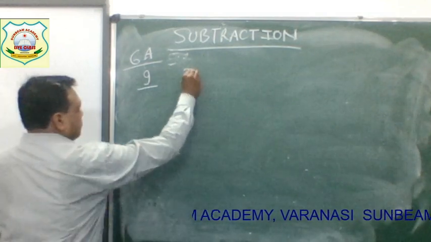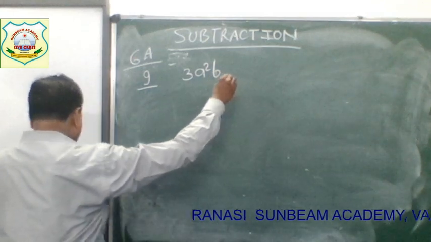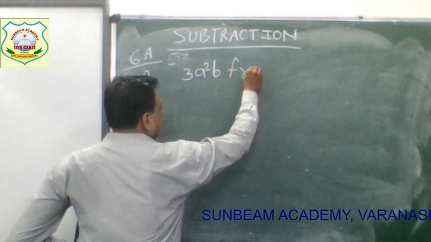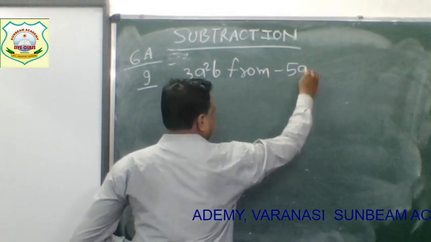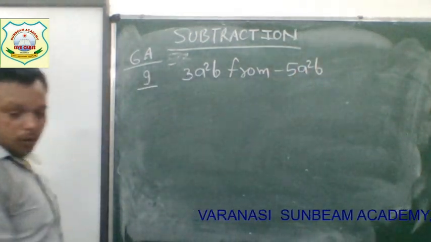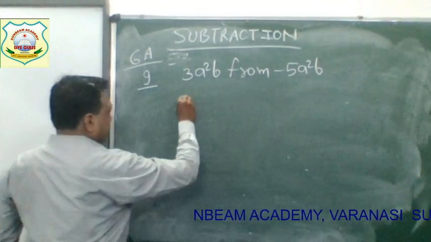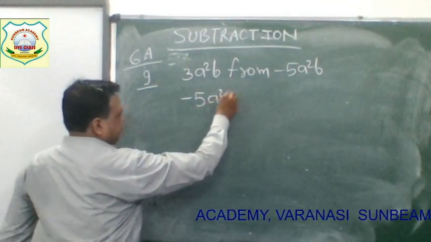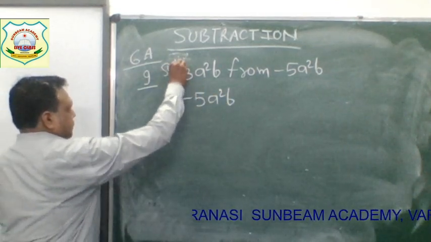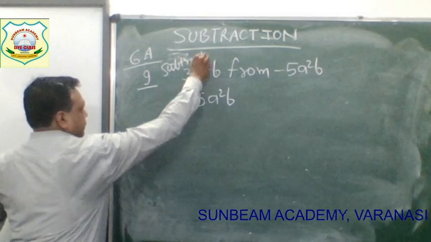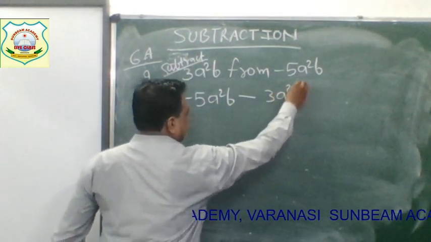Question 9: subtract 5a²b from 3a²b. By the horizontal method, first we write the from value, then the subtract sign, then minus 3a².